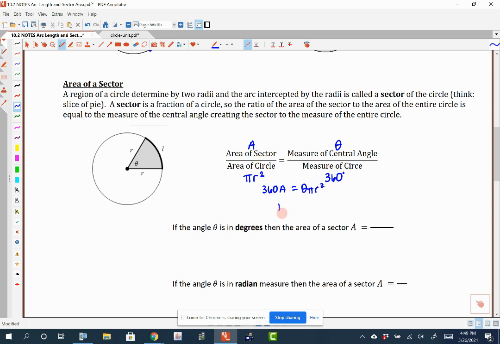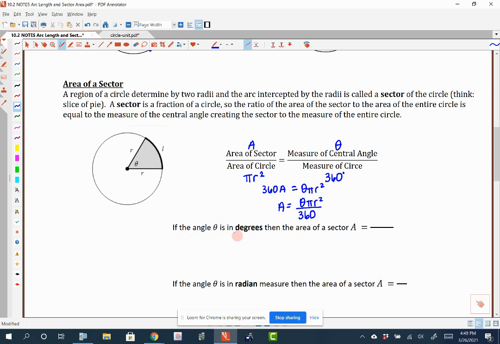So if I divide both sides by 360, I have theta pi r squared divided by 360. So if I want to find the area of a sector, a piece of a pie, a piece of a pizza, then I can use this formula. So below, let's put this a little bit nicer.